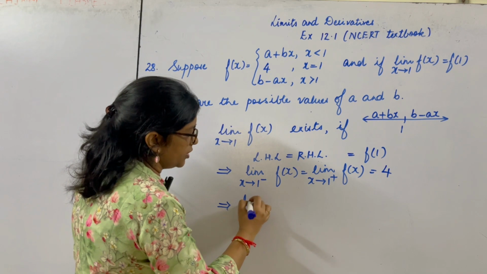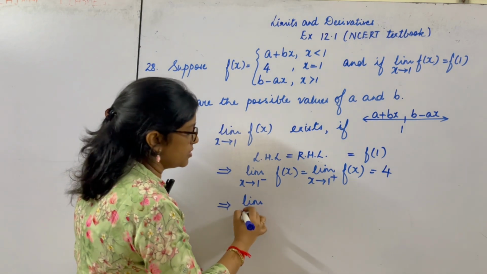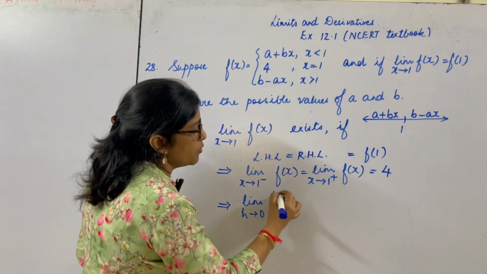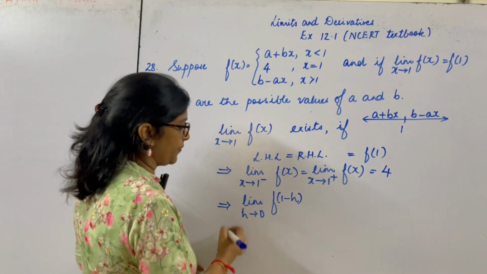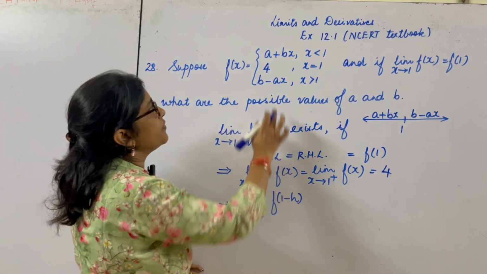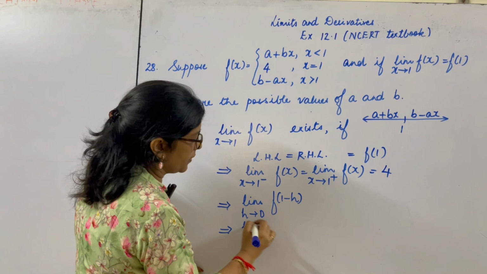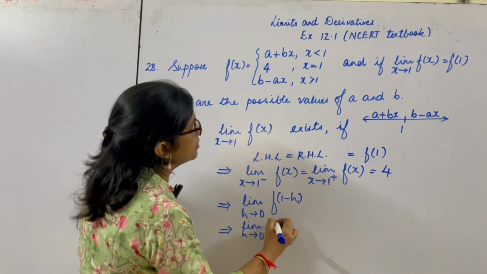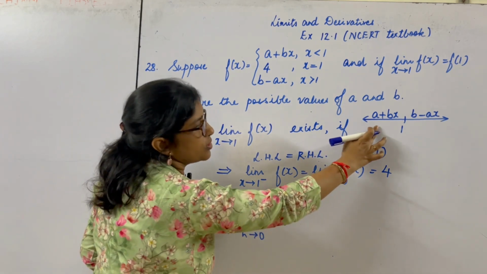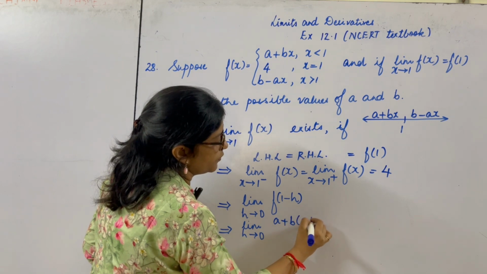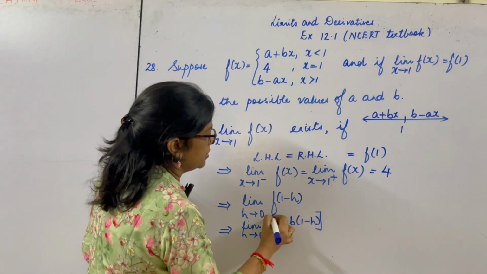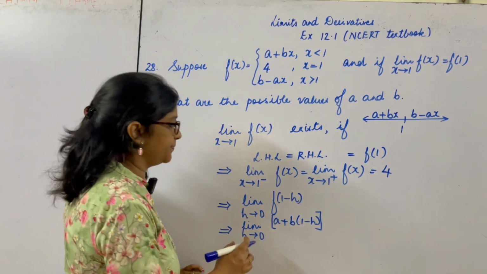So if it is limit x tends to 1 minus, we will write 1 minus h. Let's find this one first. Wherever x, write 1 minus h, a plus b into 1 minus h, or go to this one, it's the same, whichever is understandable, you do that.